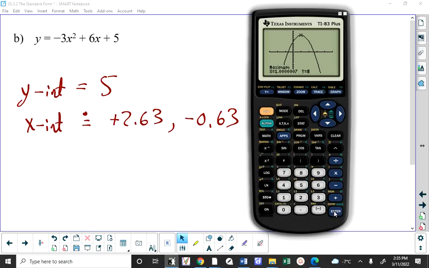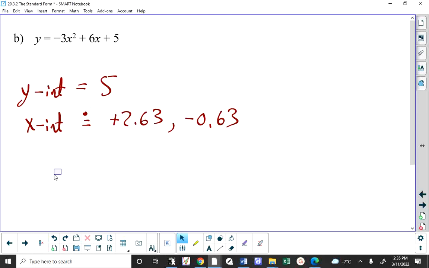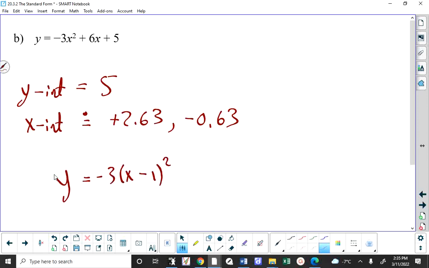By the way, I hesitate in showing this to you, but it's not really that big of a deal. If you know the vertex is at 1, 8, then you know that this is the vertex form. Just give some thought to that.